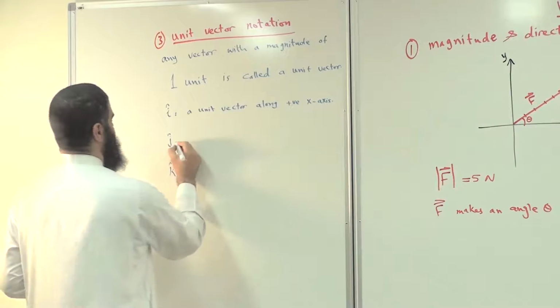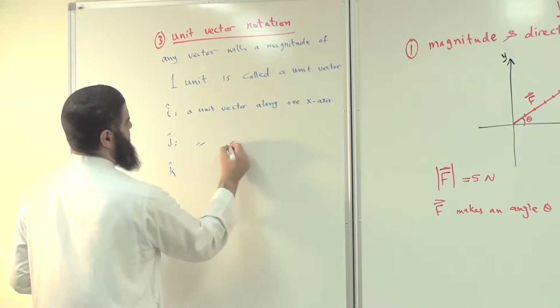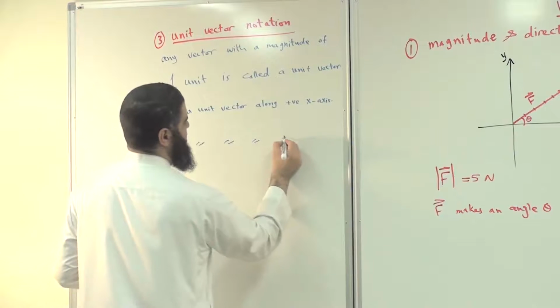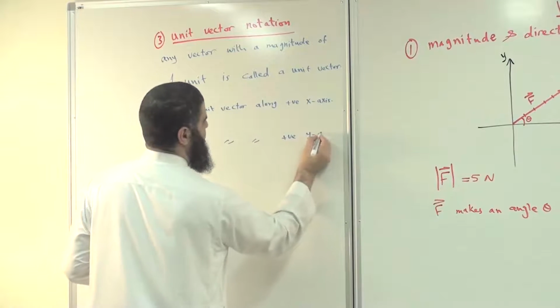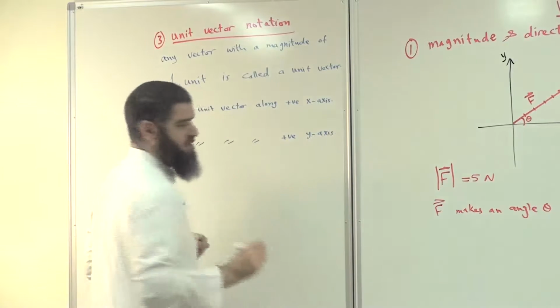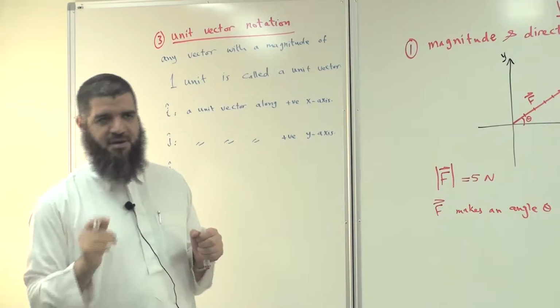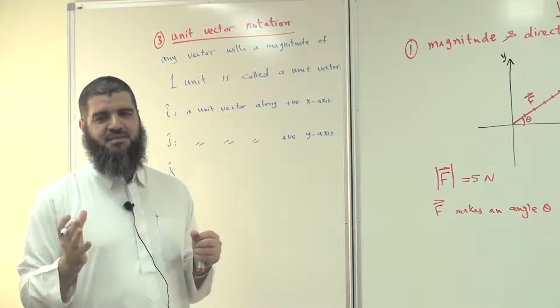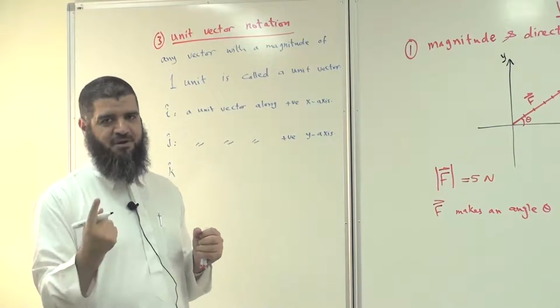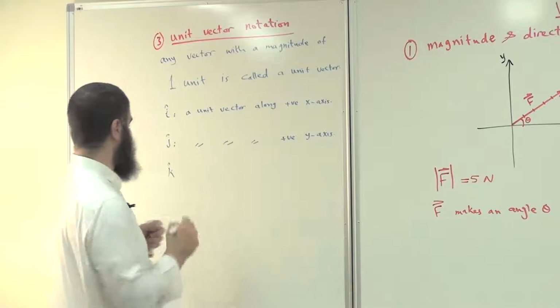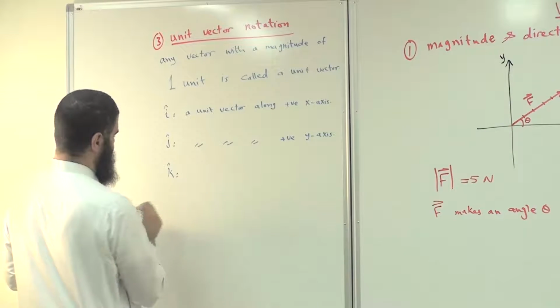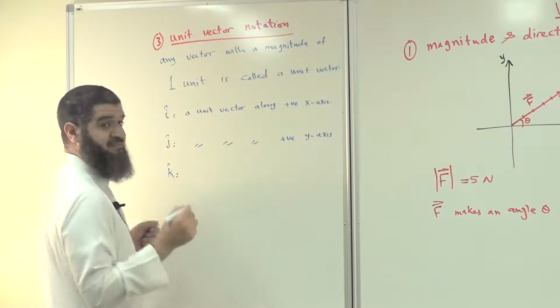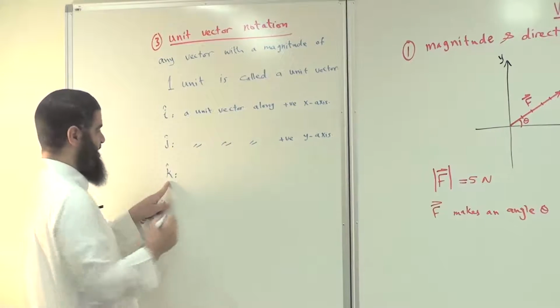Okay, what is j? Similarly, it is a unit vector, but now it is along the positive y-axis. Wherever you see this symbol j, it tells you that this is a vector that has a magnitude of 1, and its direction is the positive y-axis. Okay, the third famous unit vector is the k unit vector.